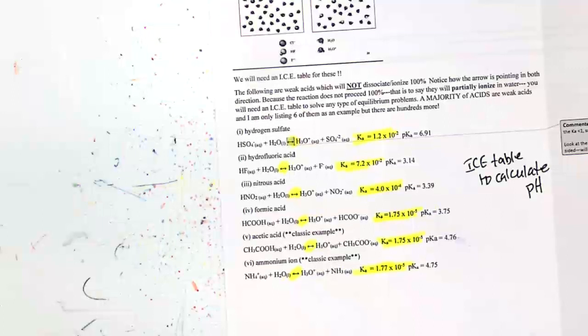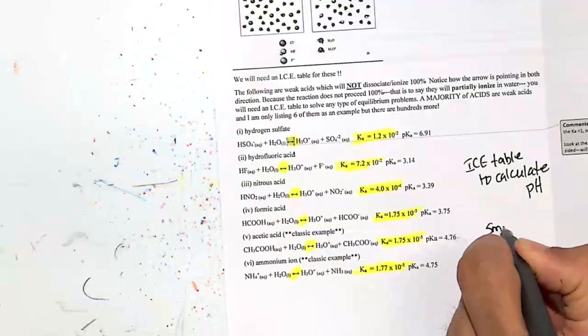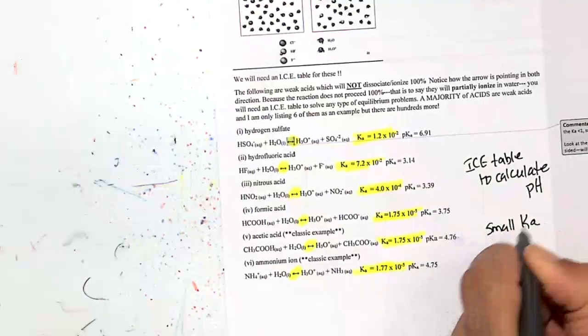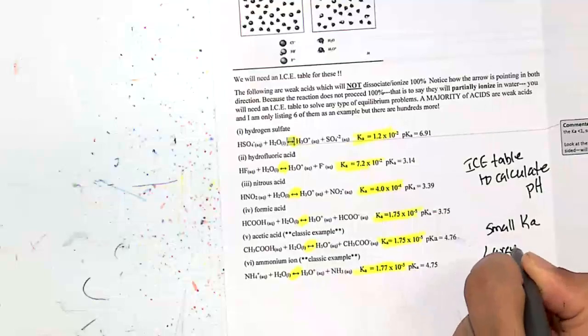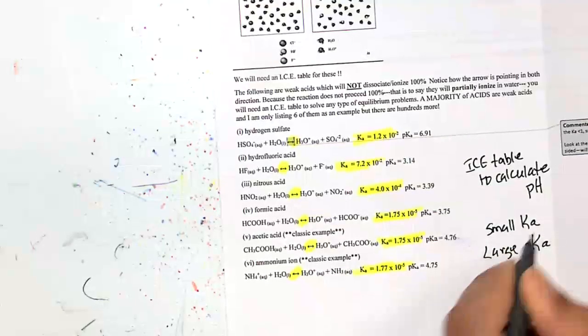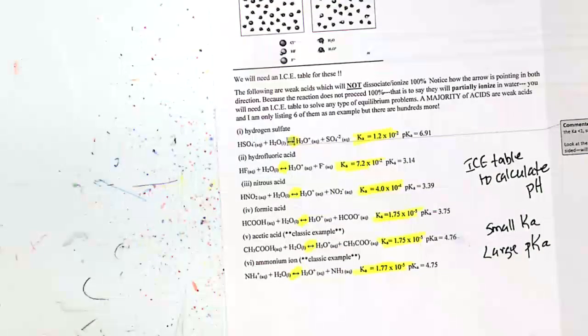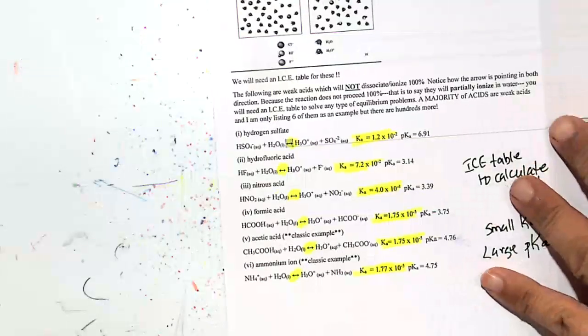What are we saying for the weak acids? Everything else: small Ka, large pKa. So that's the trick.